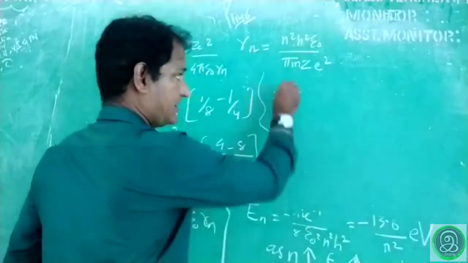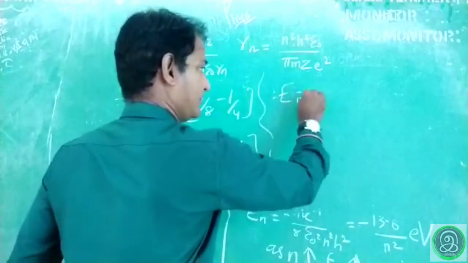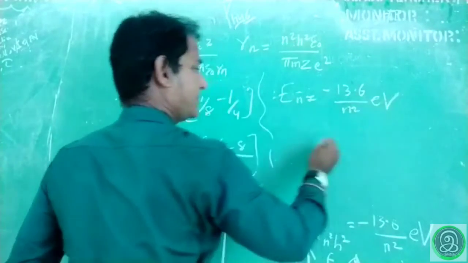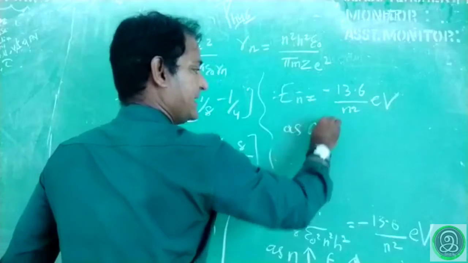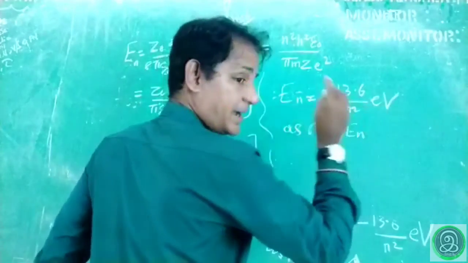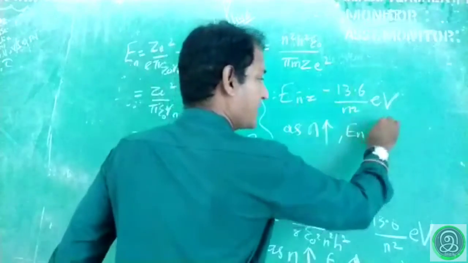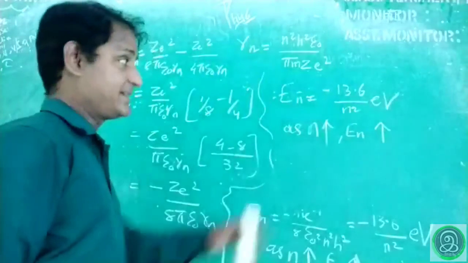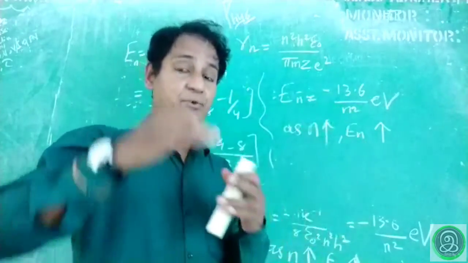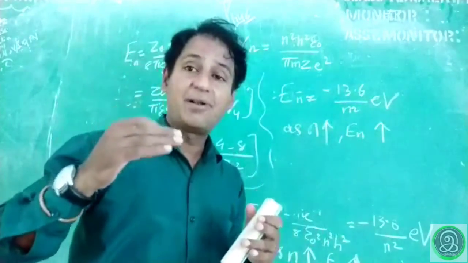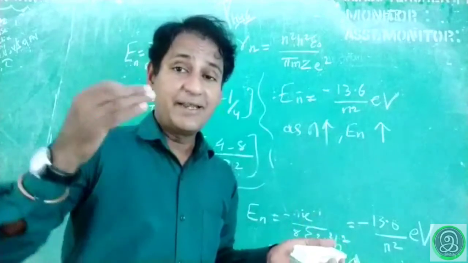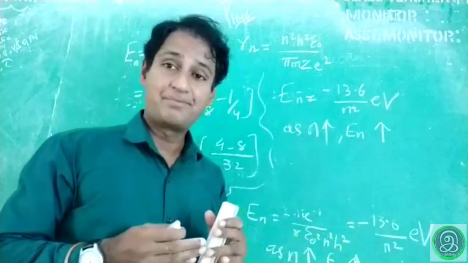From this equation, as n increases, the energy of the electron in each orbit also increases, since it is given with a negative sign. So for each orbit, the energy level will keep on increasing.